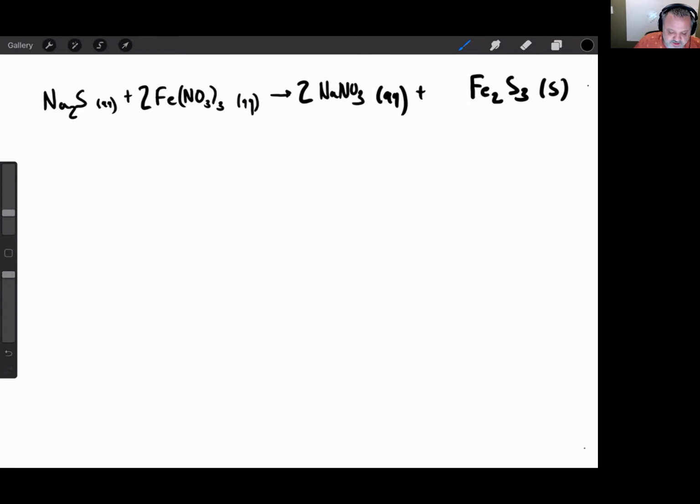What about sulfurs now? 3 and 3. Okay, that messed up my sodium again. See how this works? So now we're going to recount sodium. 3 times 2 is 6. Okay. Let's do 6 there. So now I've got 6 nitrates. 6 nitrates on the right, 2 times 3, that's 6 nitrates on the left. I'm okay.